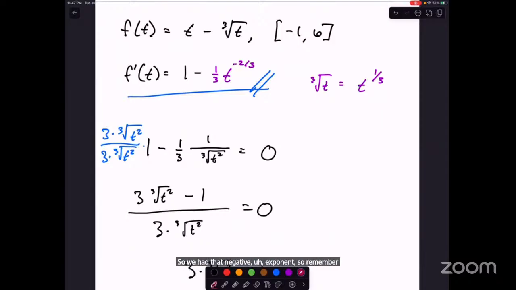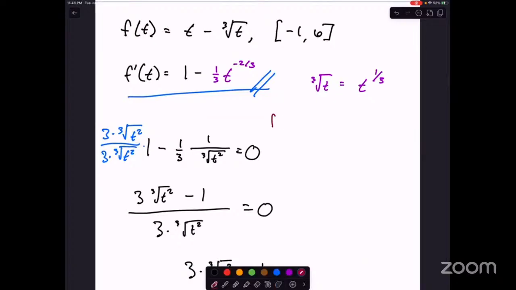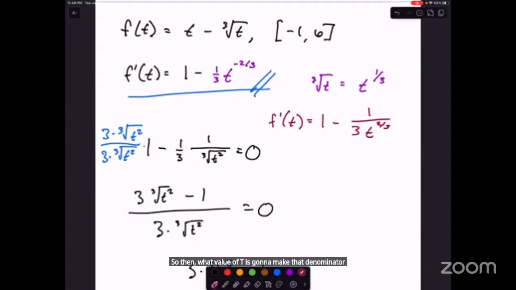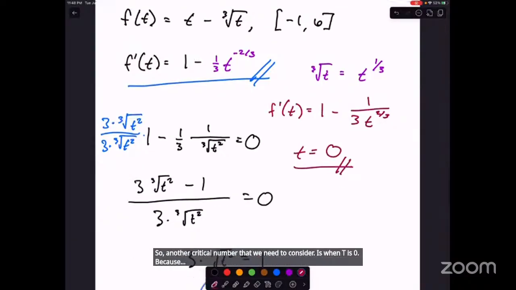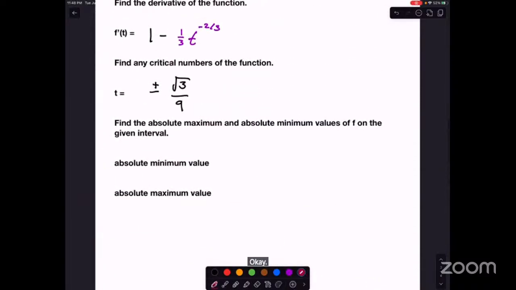Remember our f prime: 1 minus 3 times t to the power of 2/3. That's in the denominator. So what value of t is going to make that denominator 0? When t is 0. So another critical number that we need to consider is when t is 0, because it creates a 0 in the denominator. So our critical numbers, we also need to consider 0.